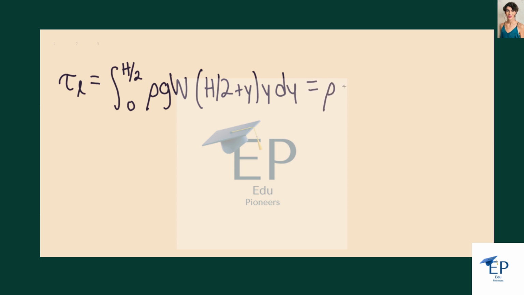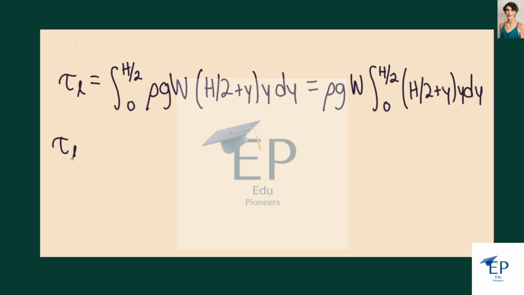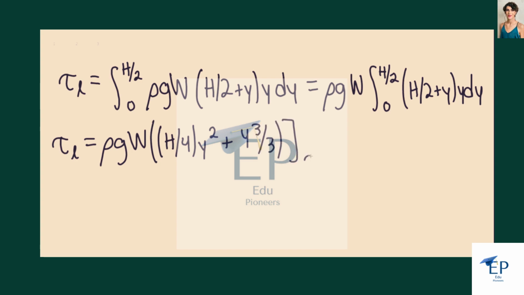This is going to equal the density times g times the width times the integral from 0 to h over 2 of h over 2 plus y times y dy. And the torque on the lower half would equal the density times the acceleration due to gravity times the width, multiplied by h over 4 times y squared plus y cubed over 3, evaluated again at 0 and h over 2.